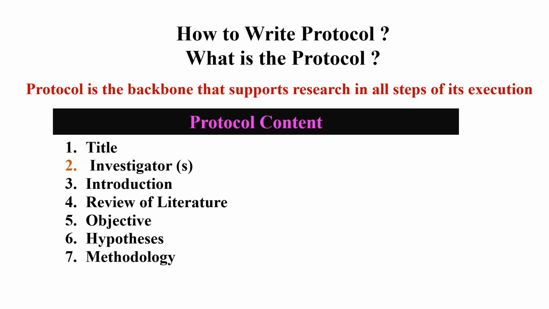And then we have to write another important point, ethics. In ethics, the list of ethical problems and how they are proposed to be resolved, including protocol deviations and, of course, safeguards for the participants.